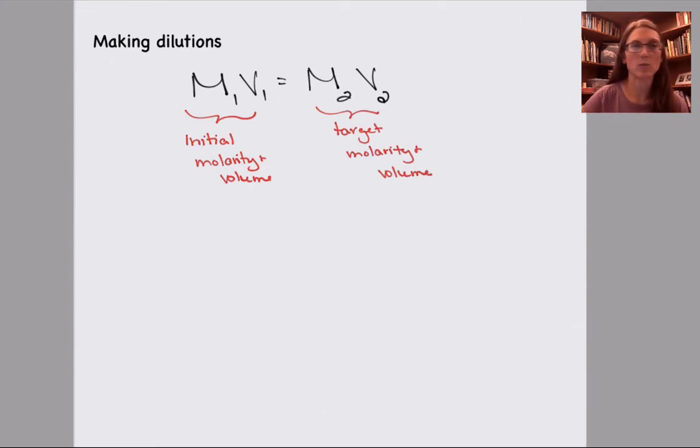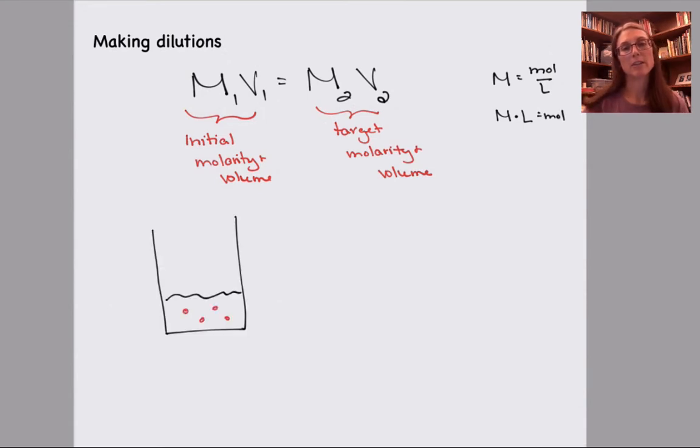First off, why does it work? Well, if you look at the molarity equation that we had used previously, molarity is moles over liters, you'll notice that molarity times the liters, so molarity times the volume, is equal to the number of moles. If you think about what's happening in a dilution, you start out with a small amount of a solution that's fairly concentrated.